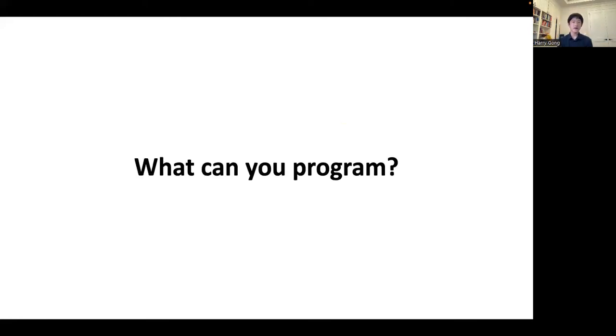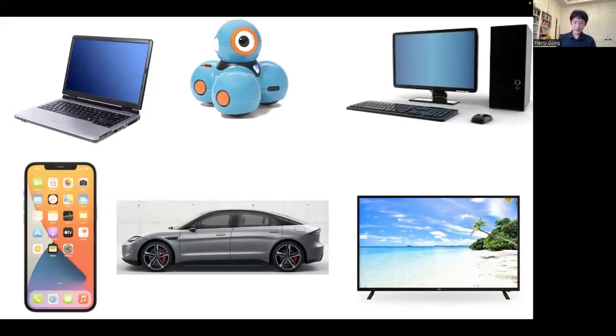If not, let's first look at some of the things that one can program. In today's world, electronics, which are objects that can be programmed, are all around us, from computers to children's toys, phones, cars, and televisions. Although this range of things may appear very different and very diverse, they all have one thing in common, and that is someone has to sit down and write the code for it to work.